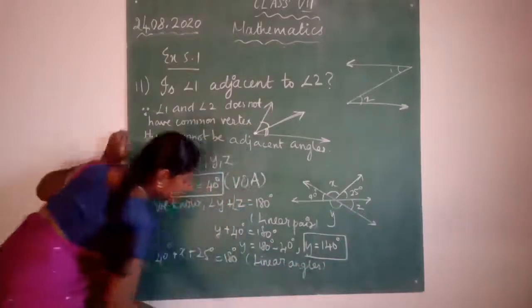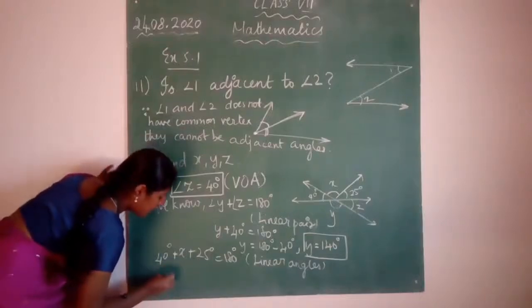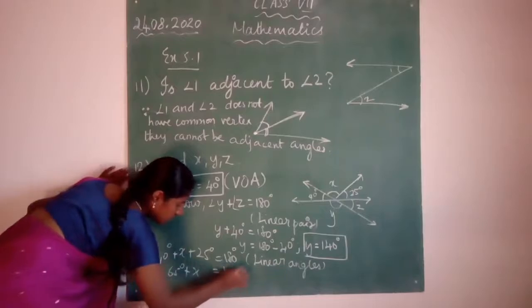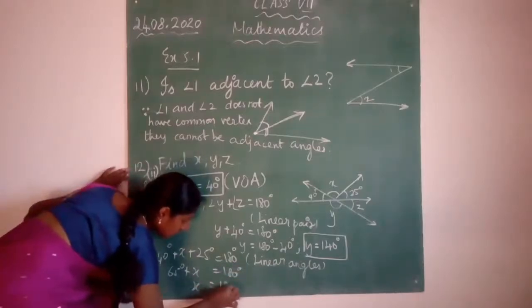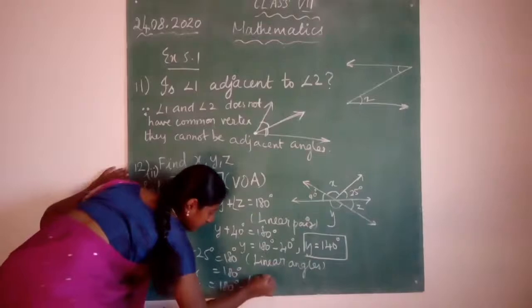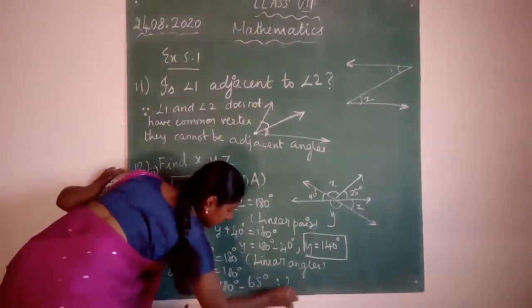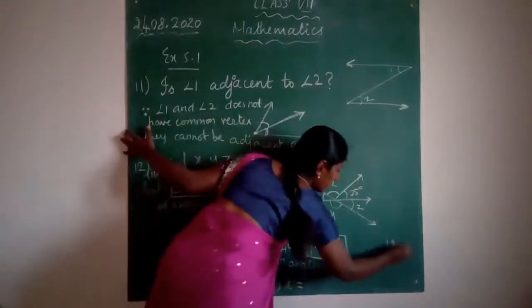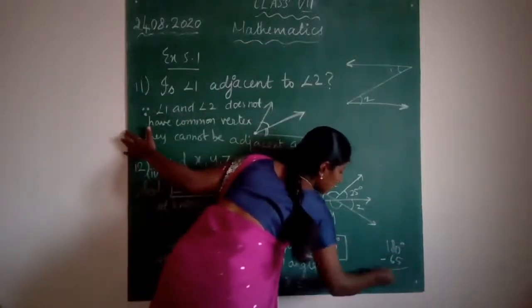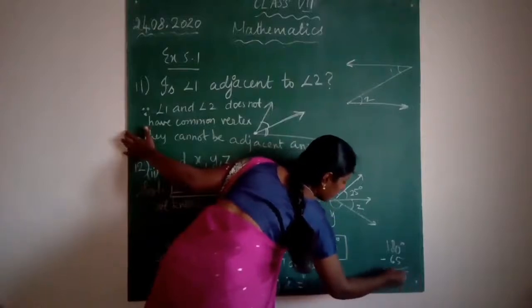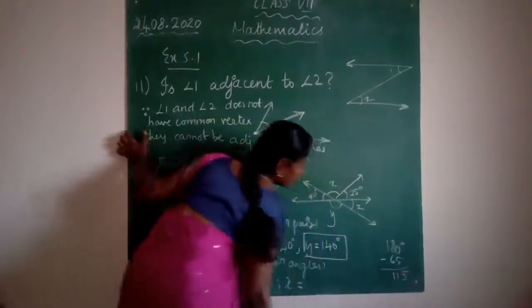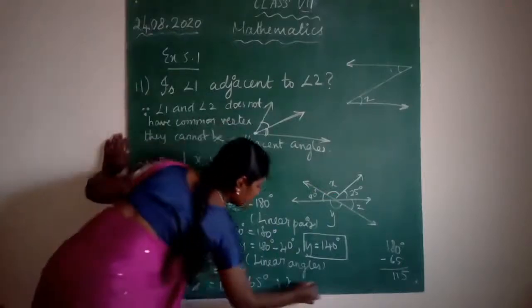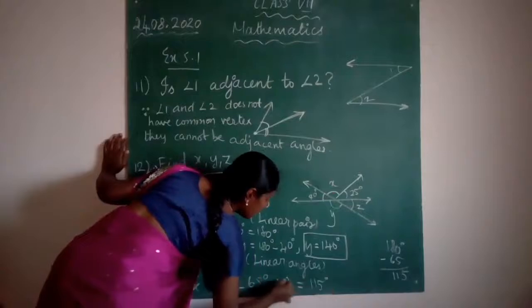Then 40 plus 25 is 65 degrees, plus x equals 180 degrees. So x is equal to 180 degrees minus 65 degrees, which is 115. So x equals 115 degrees.